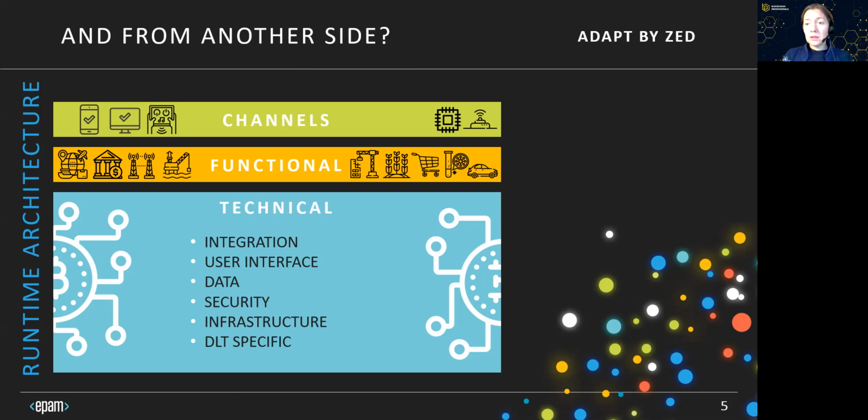In some cases, there would be specific networks and specific protocols, for example, for game controls. Are you working with some special hardware, smart meters, devices? All of it needs to be described in your runtime architecture, and the processes of dealing per channel need to be defined. Then we are speaking about a functional layer.